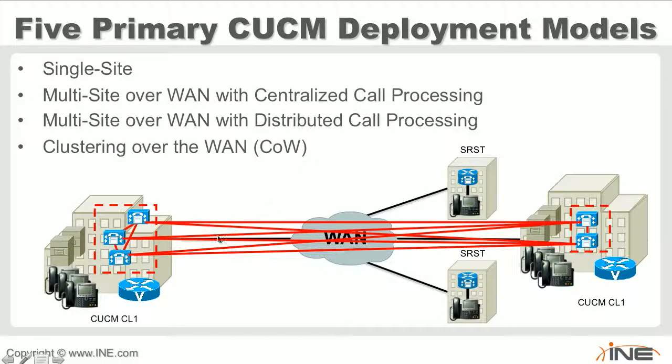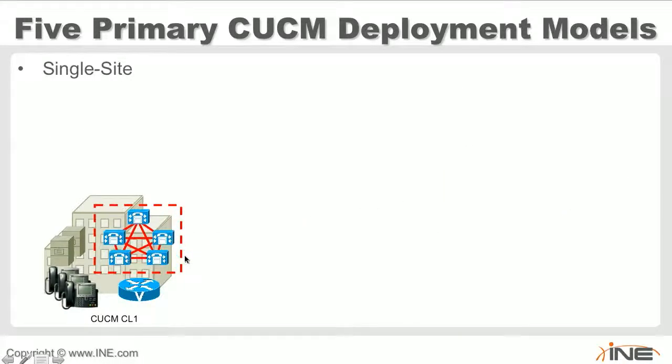scenarios. So here in CIPT1, what we're going to be focusing on is how to provision and set up all of the configuration, all of the intricacies with a single site. Now, I know in CVoice we just got done talking about multiple sites, but that was in relation to CME, or Communication Manager Express.